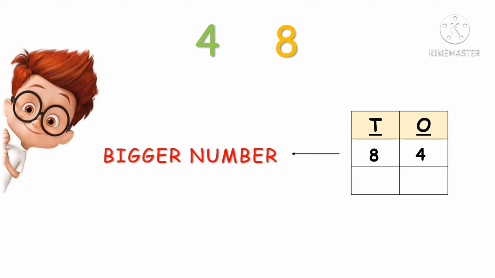Now if we have to make a smaller number, we will put the smaller one in the tens place, and among these two numbers 4 is smaller, so we will put 4 in the tens place and 8 in the ones place, which is the bigger number. So 48 is the smaller number.